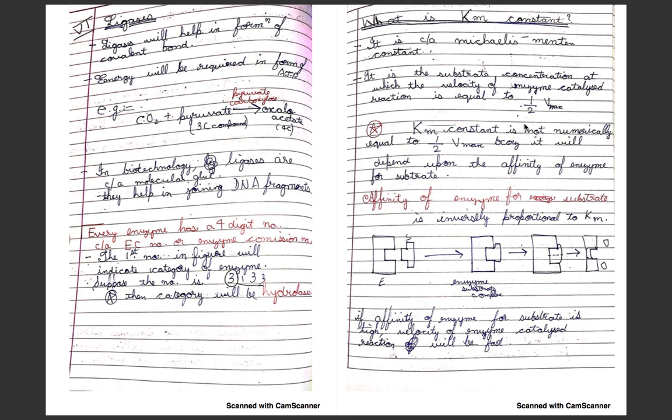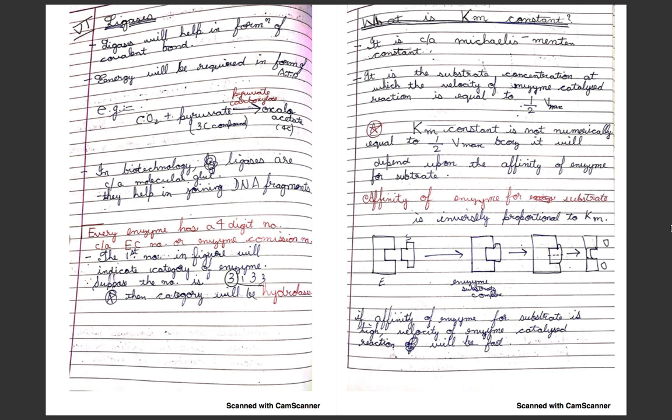That is, it is the concentration of substrate at which velocity is half of Vmax. Km is not numerically equal to half Vmax, because it depends on the affinity of the enzyme for substrate. Affinity of enzyme for substrate is inversely proportional to Km.